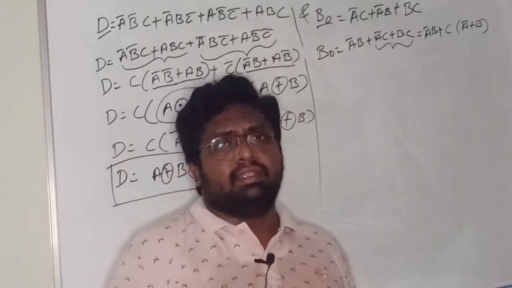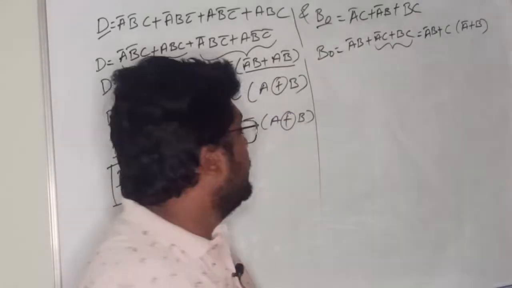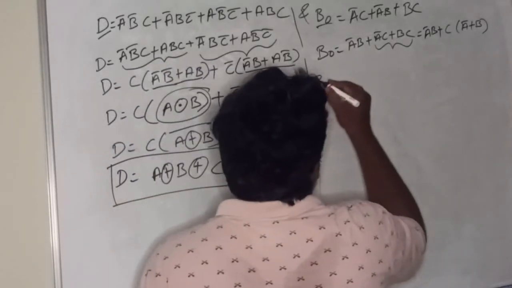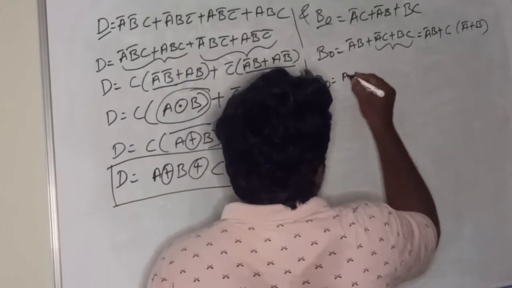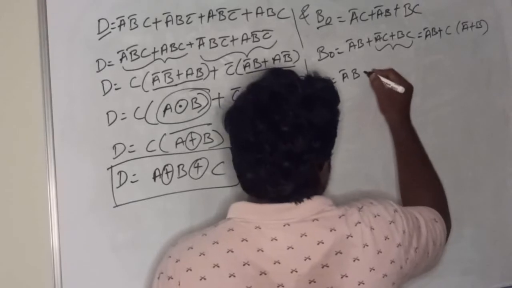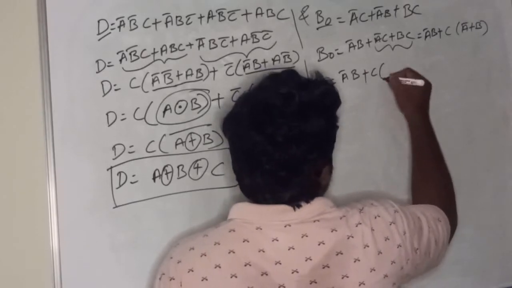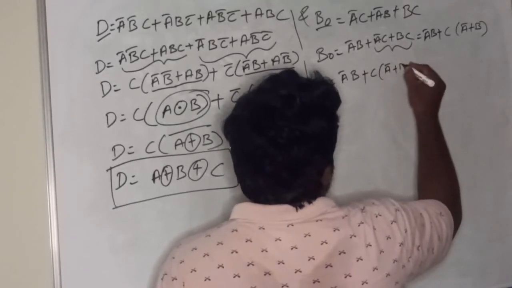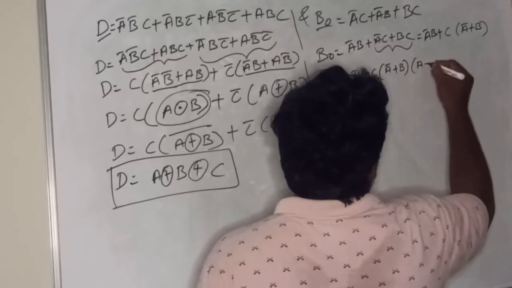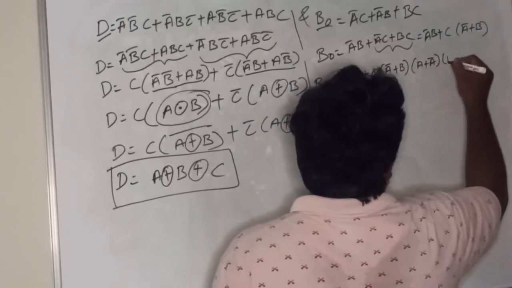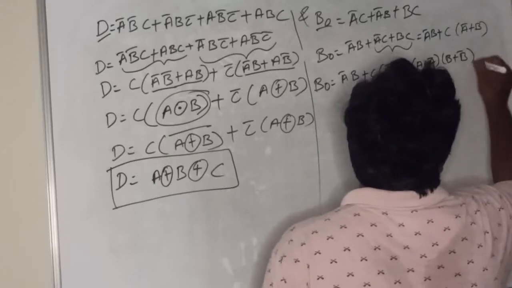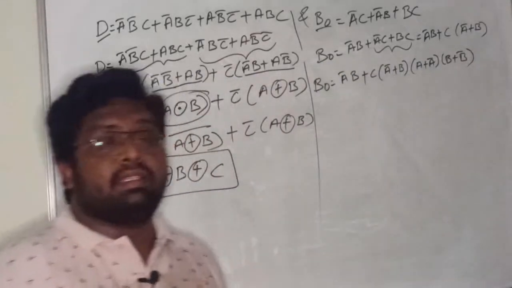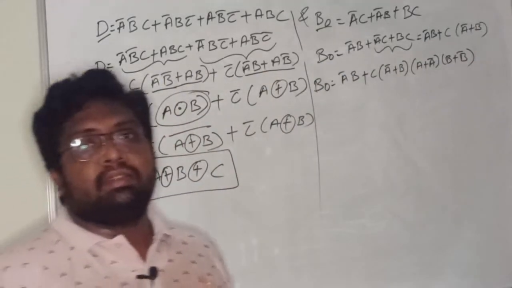So B naught is equal to A complement B plus C into (A complement plus B) into (A plus A complement) into (B plus B complement). Yes, I can write it in that way.